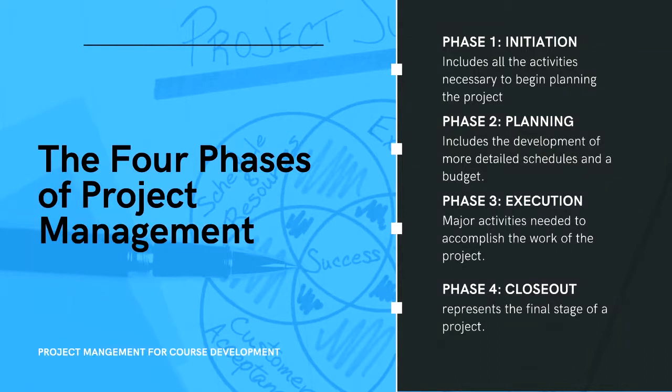All right, so phase 3 is execution. This is essentially where the work is carried out. You're going to see here when I talk about how we align the ISD process with the 4 phases, that this is where the ISD process occurs. It is not all spread out. ISD process occurs in execution.